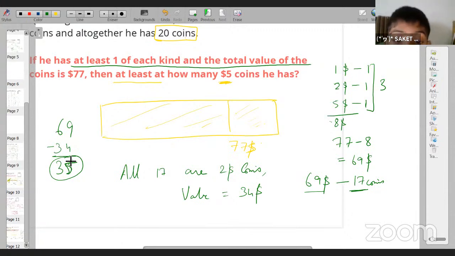The closest is 33, so we want to make 11 of those coins. No, actually 10 of those coins, because 35 is not divisible by 3. So if we flip 11 coins, it will become 33.